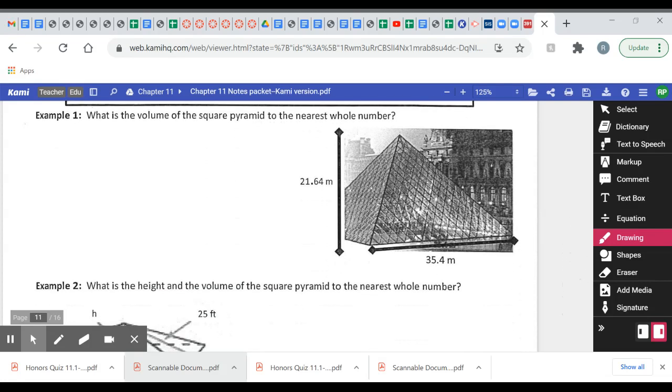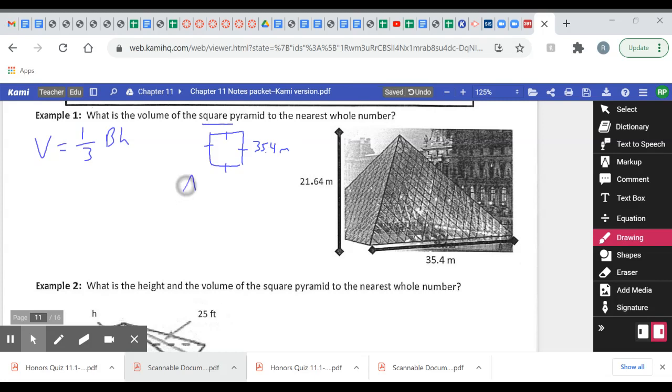So on example 1, it says, what is the volume of a square pyramid to the nearest whole number? And so again, same formula we just mentioned. We've got the volume equals 1/3 times area of the base times height. And in this case, if we want to find the area of the base, they just told us the base is a square with all the sides congruent, and it's 35.4 meters on each side of that base.